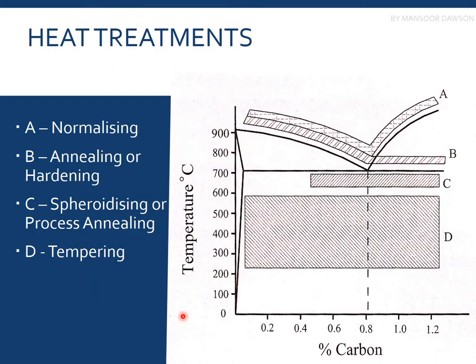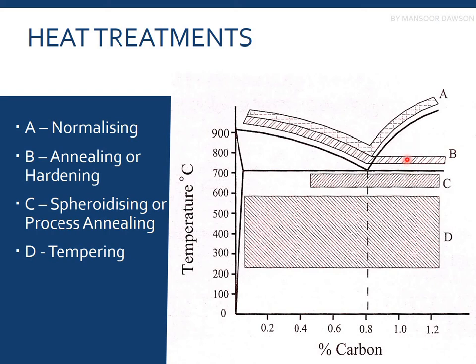So this is a summary of the heat treatments, which is normalizing. In A, we go above the upper critical line. For annealing, we usually are above the upper critical line, and for hypereutectoid steels, we usually heat the material below the upper critical line and above the lower critical line.